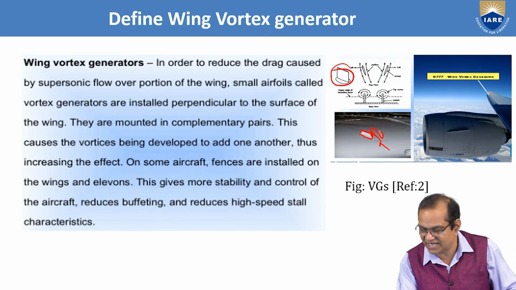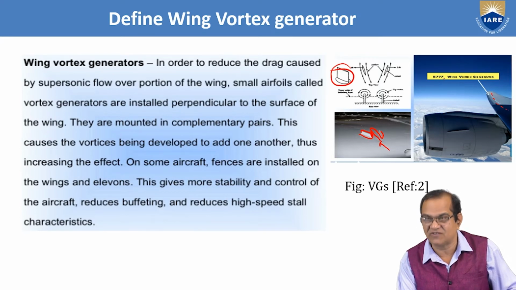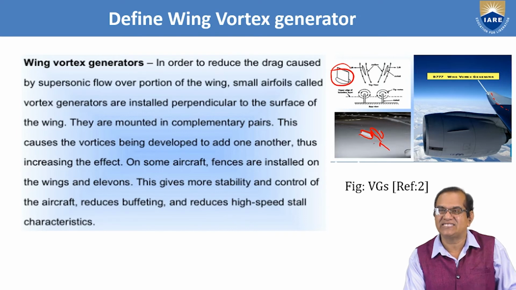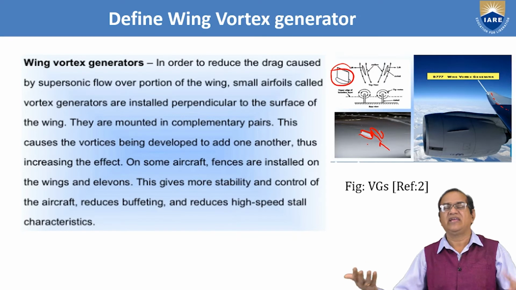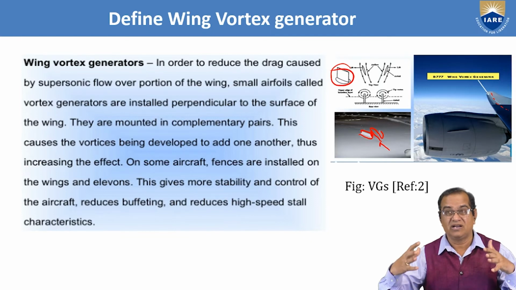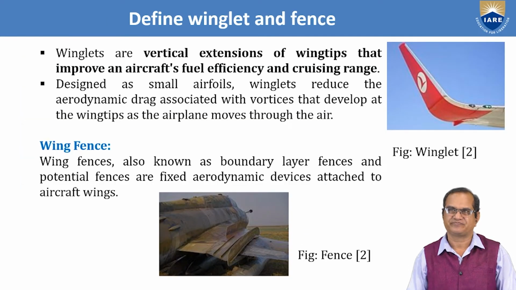A series of these is on the Boeing 777. This will enhance the kinetic energy and reduce the drag, and the fuel consumption of the aircraft will also reduce. The delay in stall will also happen. So it is a very good technology, the vortex generator.